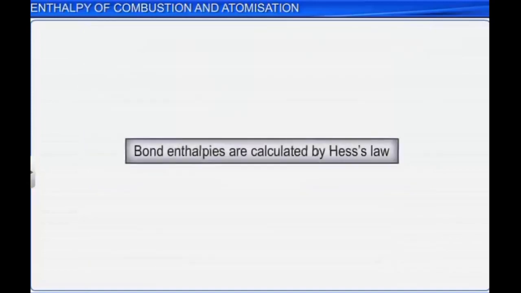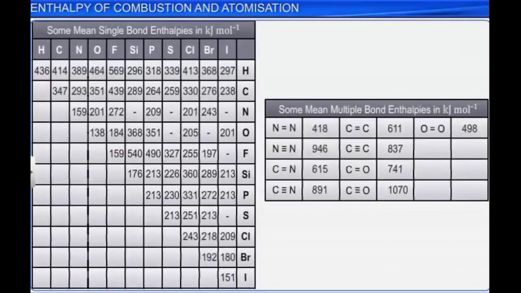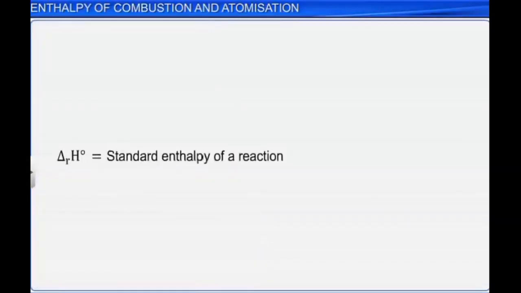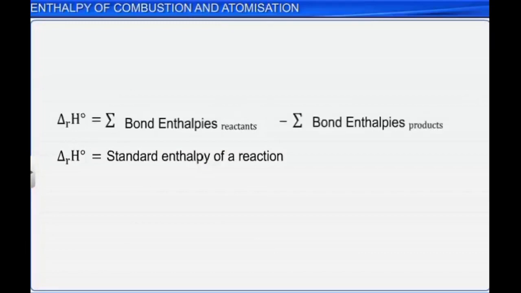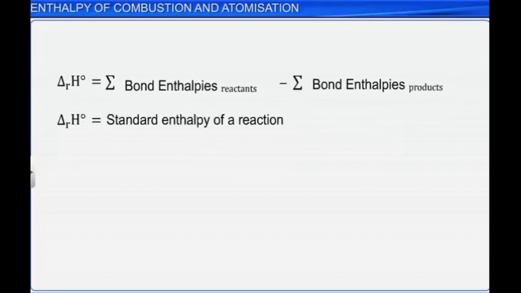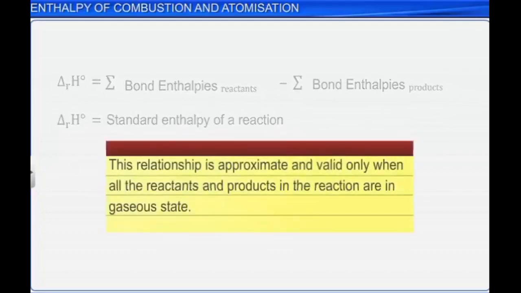The knowledge of bond enthalpies helps us in predicting the enthalpy of a reaction in gas phase. The standard enthalpy of a reaction, delta RH naught, is equal to sigma bond enthalpies of reactants minus sigma bond enthalpies of products. It is important to remember that this relationship is approximate and valid only when all the reactants and products in the reaction are in gaseous state.